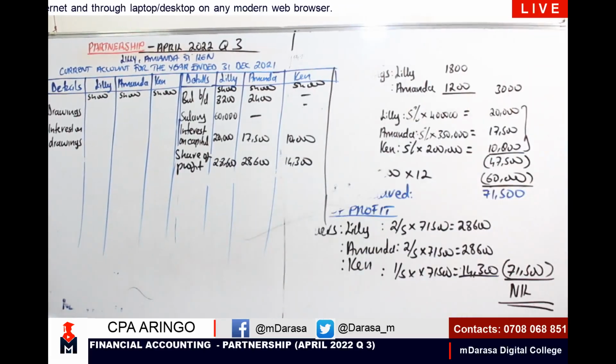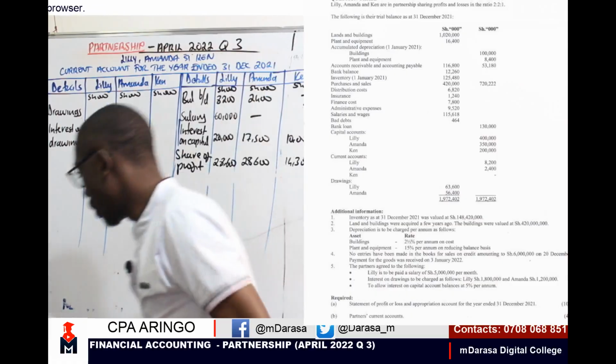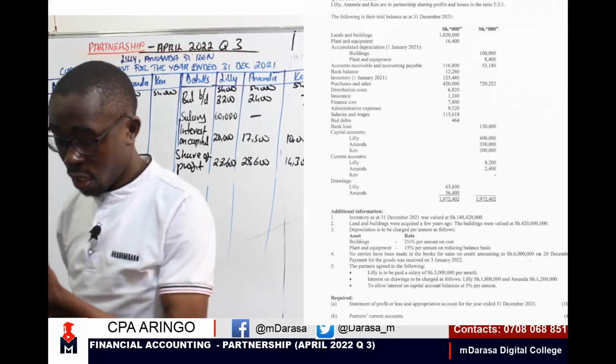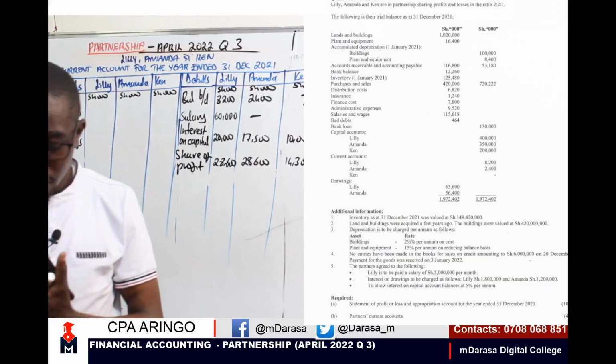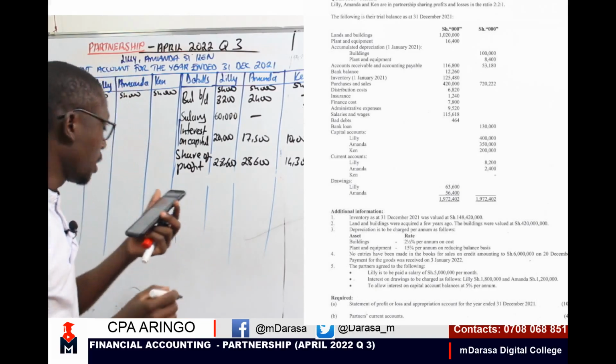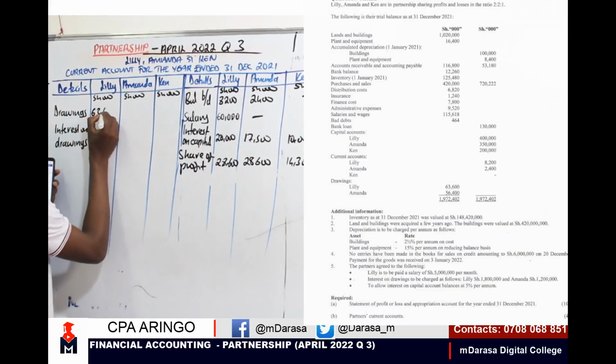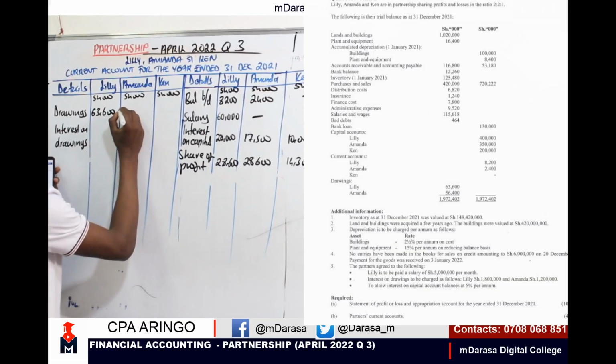Identify if we had any of these items. Like in our case here, did you have any drawings? Yes, of course, we had drawings. If you go in our trial balance, I'm having drawings, the last detail: drawings for Lily, 63,600. For Amanda, I'm having 56,400.